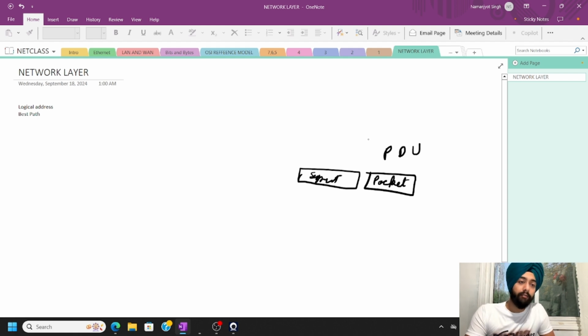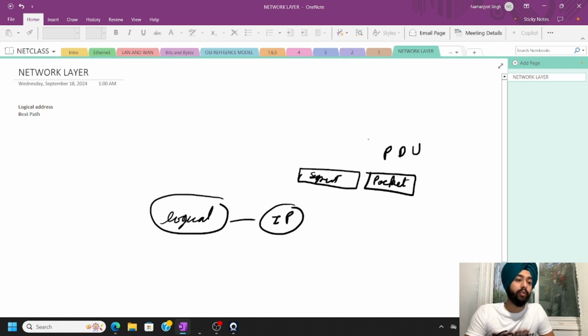So what is the network layer responsible for? It helps in logical addressing. What is logical addressing? Logical addressing means IP address and all. If you have watched my previous video, you would have known there are two types of addresses, logical and physical, of a node. A node is a computer.